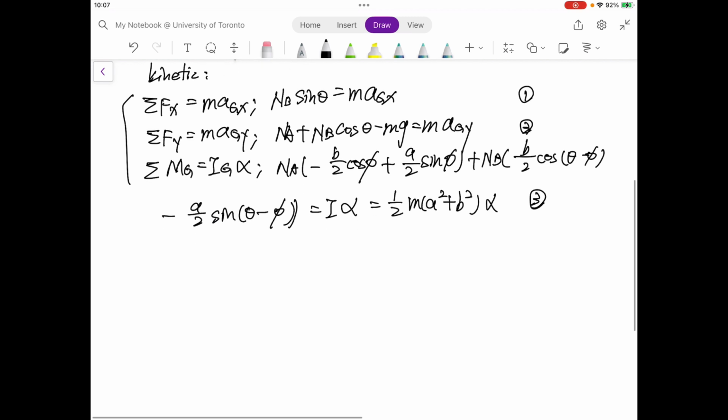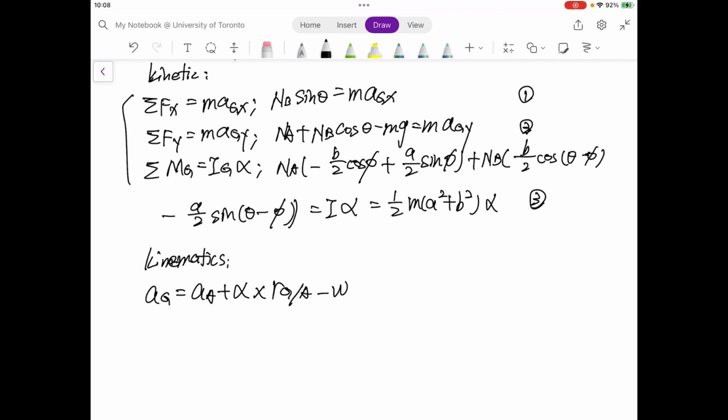We can also think in the kinetic way. This a_G is equal to a_A plus alpha times r_G with respect to A minus omega square r_G with respect to A. This is equal to, omega is equal to 0.